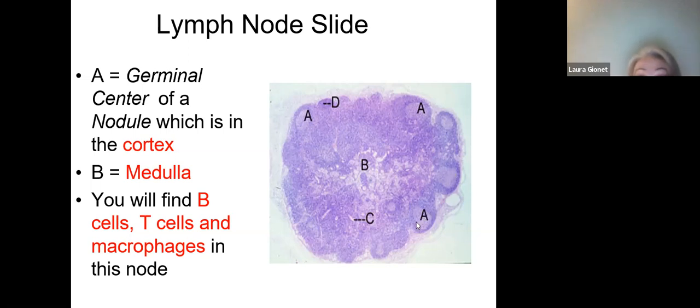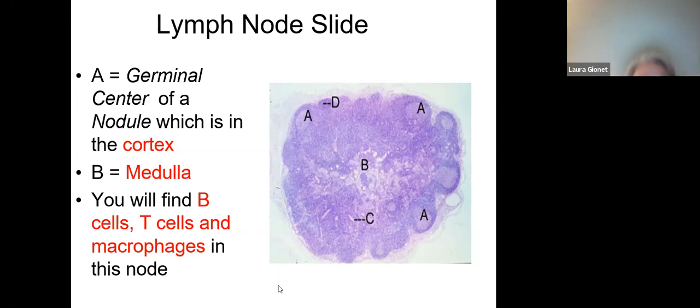We have a germinal center here, where A is, it takes on a lightly staining appearance, but that whole outer region toward the surface is the cortex, and B is the medulla, right? So A is a germinal center of a particular nodule, one little nodule portion of a whole lymph node. It's found in the cortex. Right? B is the medulla.